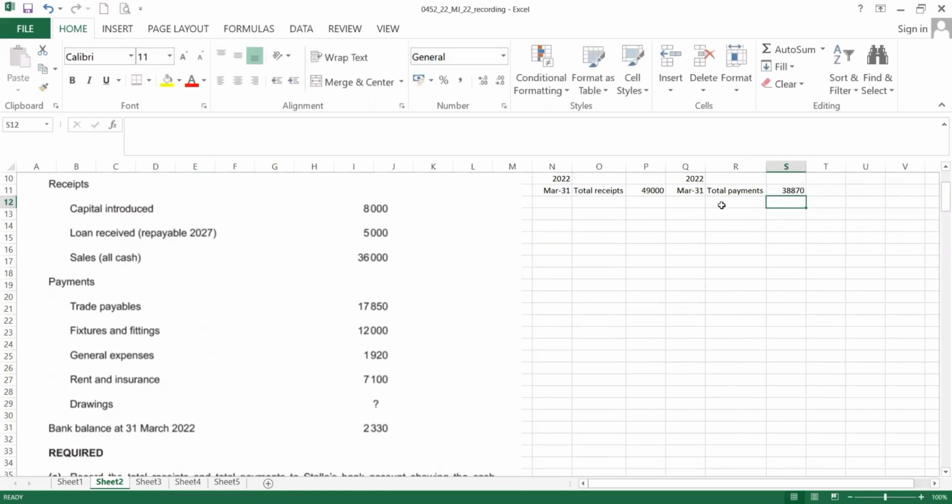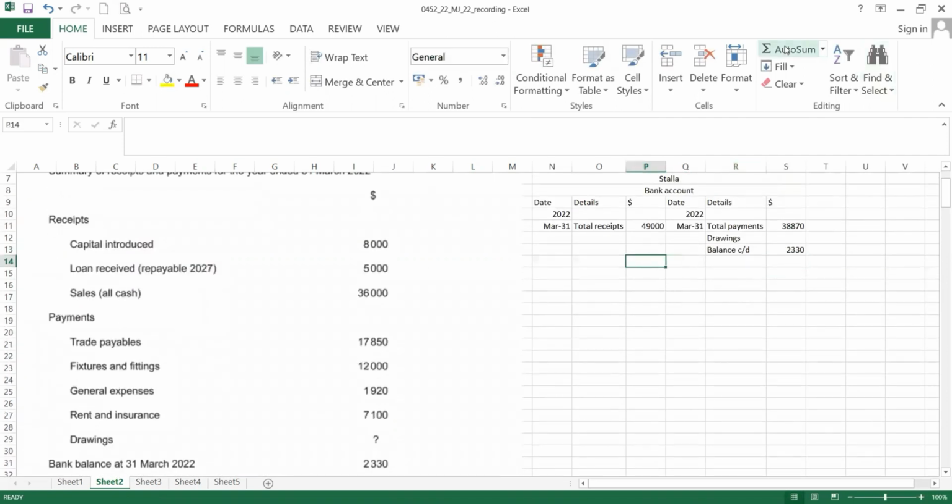This is the amount that we have, and there is a drawing, but how much drawing we don't know. We just leave it first, drawing, and then we have balance carried down, which is the asset, 2330. So now we take the total debit minus the credit.